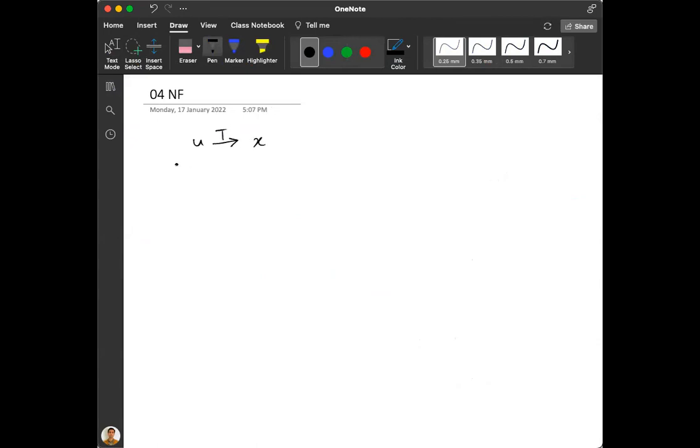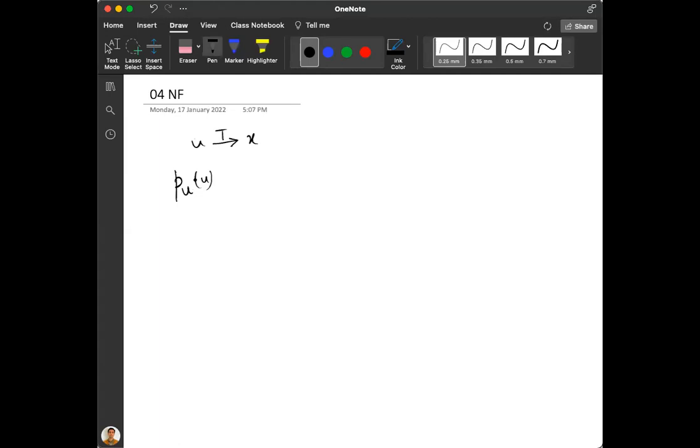Your random variable u has some distribution p_u(u). Let me be consistent with my notation. I think it's all right. I will use small letters everywhere.